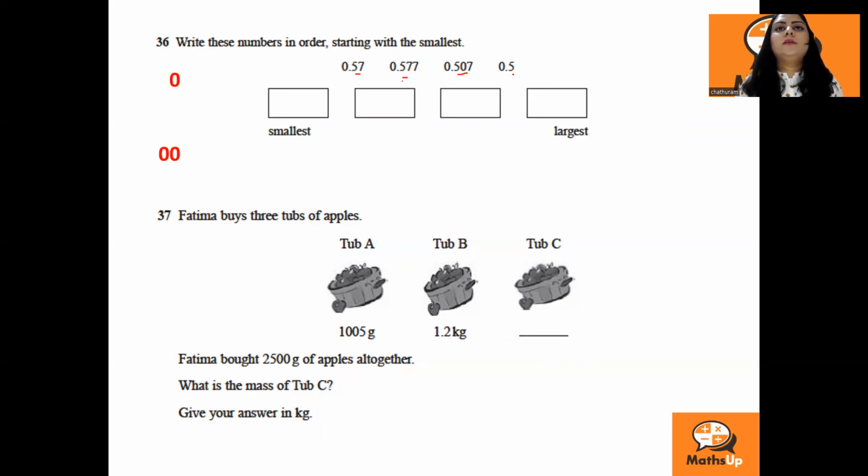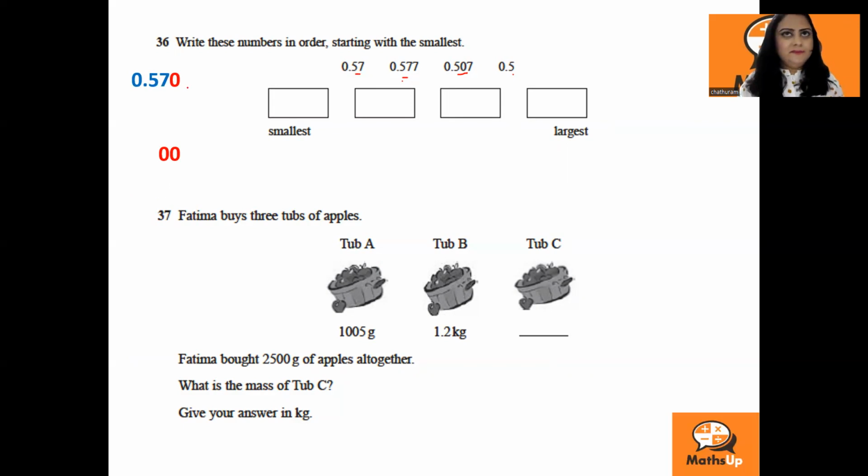So what I'm doing is you can write all these decimal numbers as decimal numbers which have 3 decimal places by adding zeros at the end. Because if you add zeros at the end, the value of the decimal number will not change. So 0.57. If you add another 0 at the end, it is 0.570.